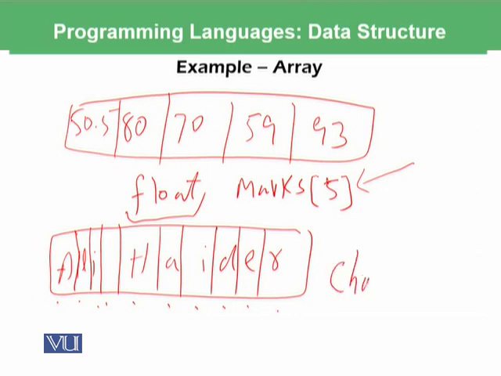You will say character name of 10. These 10 locations will be given to us in the RAM. Those would be continuous or contiguous memory locations, collective memory locations. They reside collectively in the RAM, and they are a total of 10, as our requirement was to store the name of Ali Haider. This collective memory location will be accessed using the name, and the type is character.